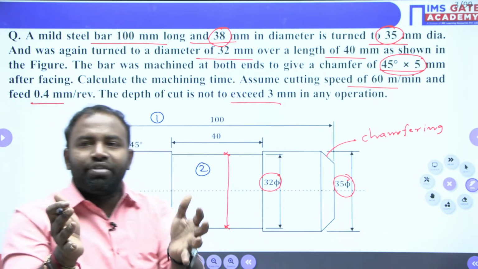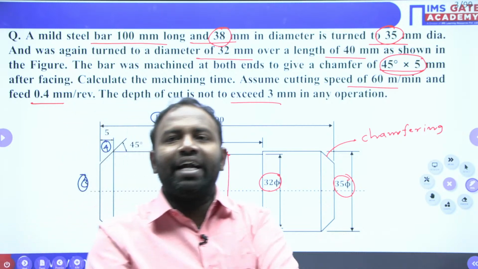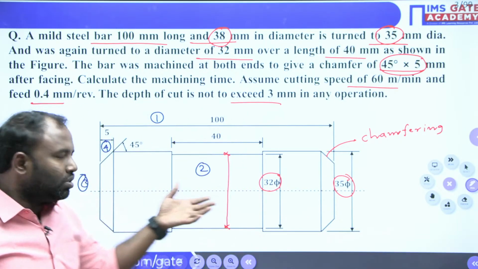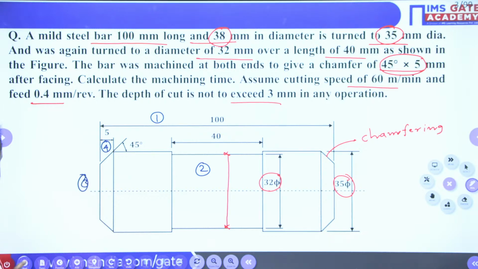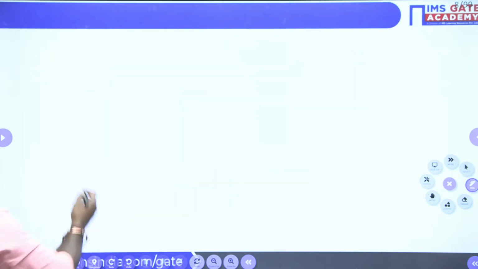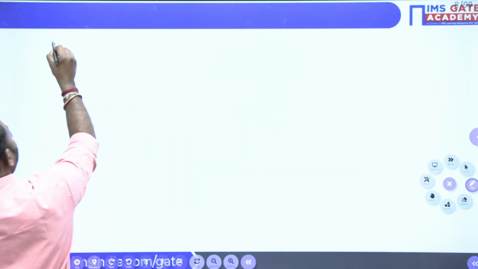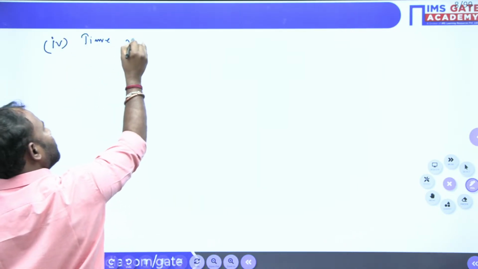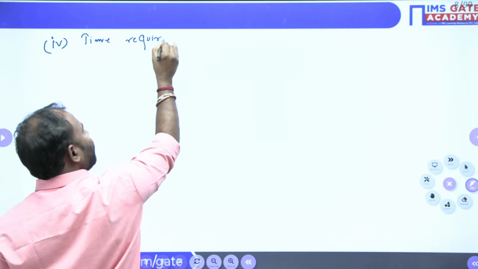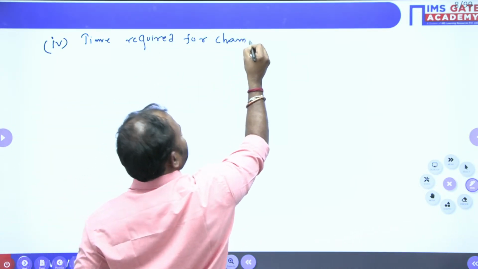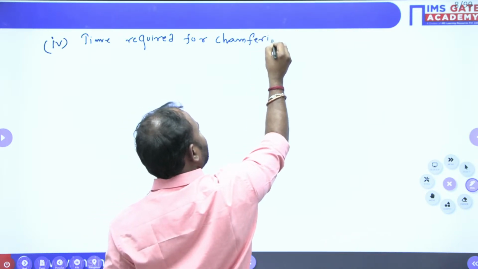One side we will calculate, and the next side we are going to multiply by 2, so that we calculate the chamfering time. Now let us go for time required for chamfering. Fourth step is time required for chamfering at one end.